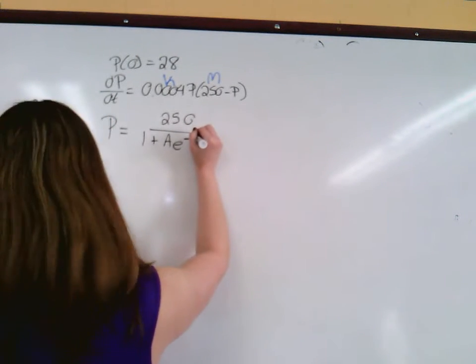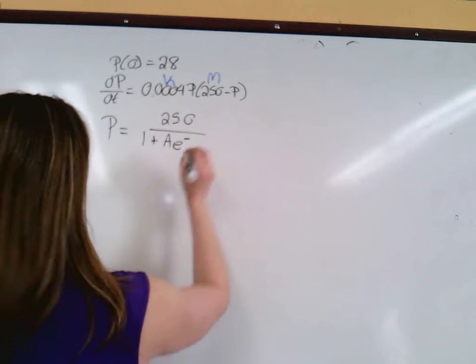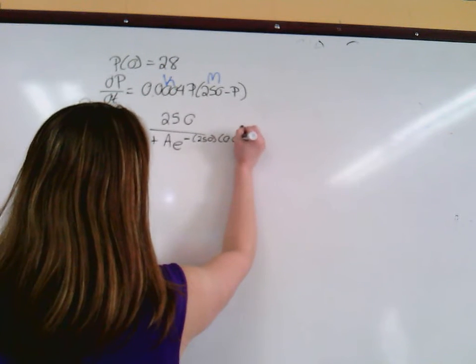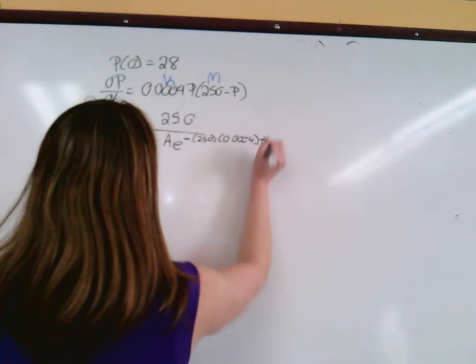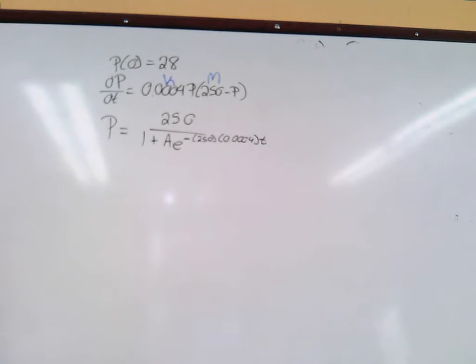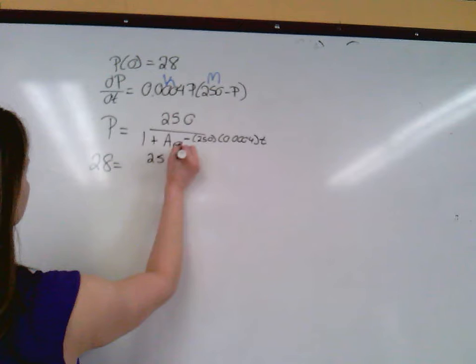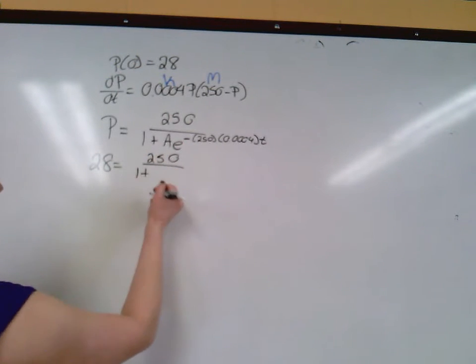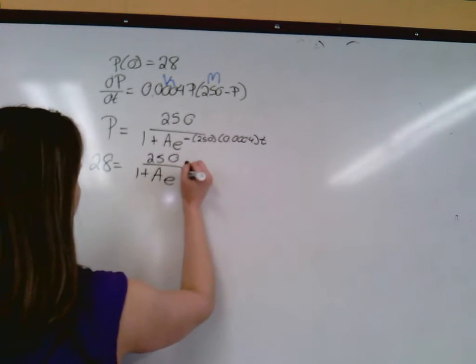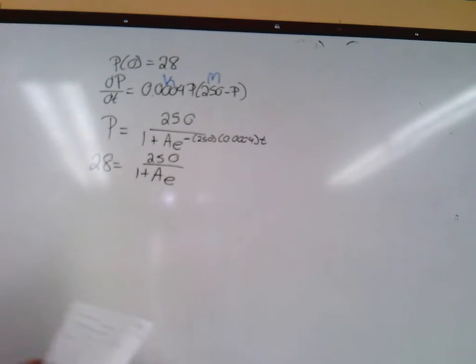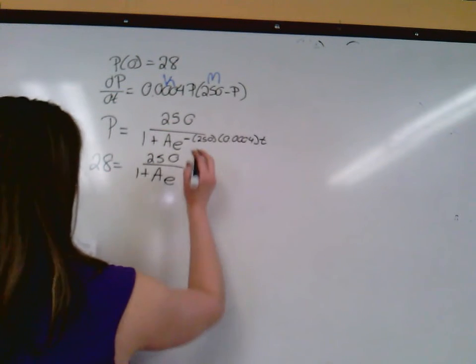It's MK, so 250 times 0.0004 t. So I have two unknowns. I need to find my constant, so I put in my initial condition, P of 0 equals 28. That's going to be 28 equals 250 over 1 plus A e to the negative 0.1 t.